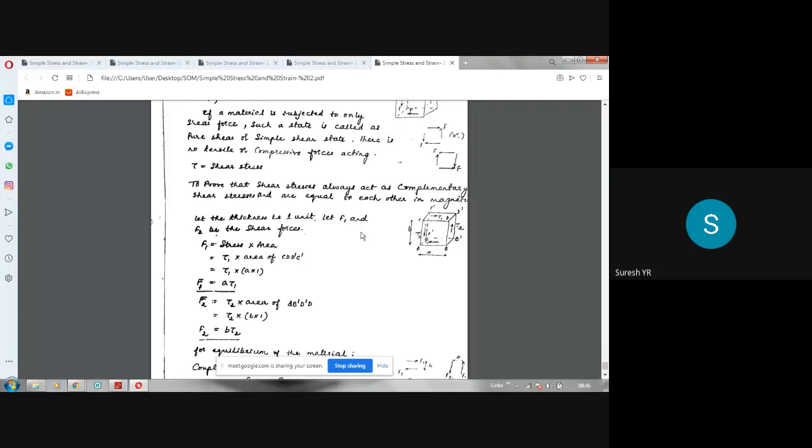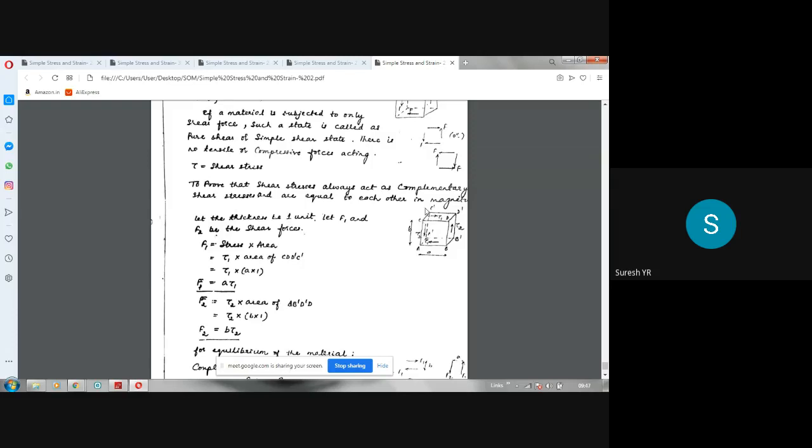Simple proof. I will take the force acting here as F1. F1 is equal to stress into area. We know that stress is equal to force divided by area, so force is equal to stress into area. Stress is tau 1, and the area is the area of CDD'C'.